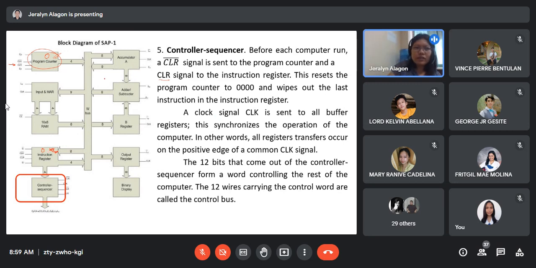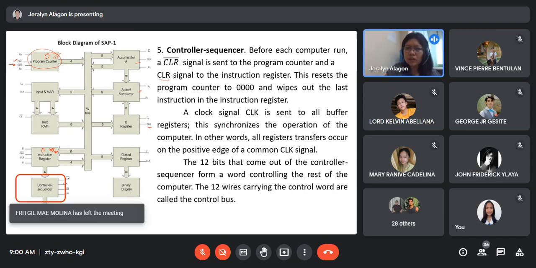So the clock signal, asa si clock signal? Kani man siguro ang clock signal, no? The clock signal is sent to all buffer registers. This synchronizes the operation of the computer. In general, kung nakabantay mo class, tanang register naa silay clock. So you try to look at the registers with the clock. Meaning mo synchronize gid siya with the clock from the program counter.